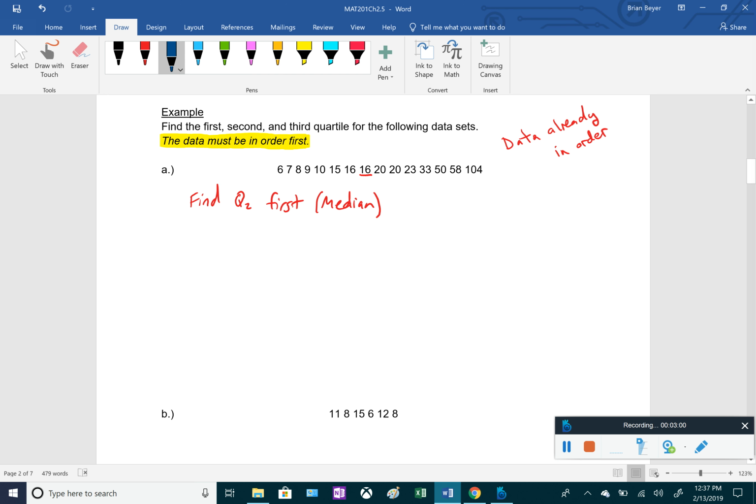Okay, so that means Q2, let me write this down a little bit lower because I'm going to need room. Q2 is going to be 16, so that's the second quartile. For the next step, we need to chop the data into 2 equal halves based on the median. The first quartile, Q1, is the median of the first half of data.